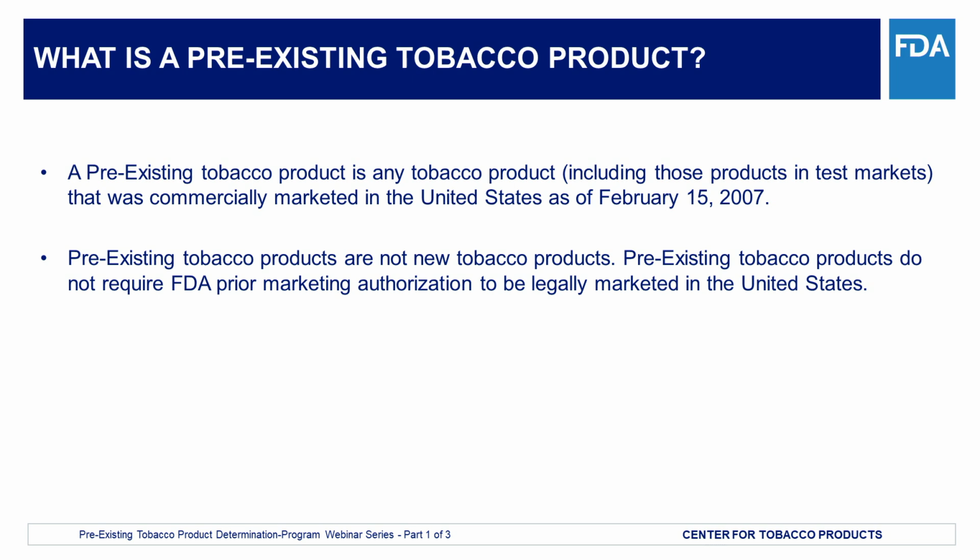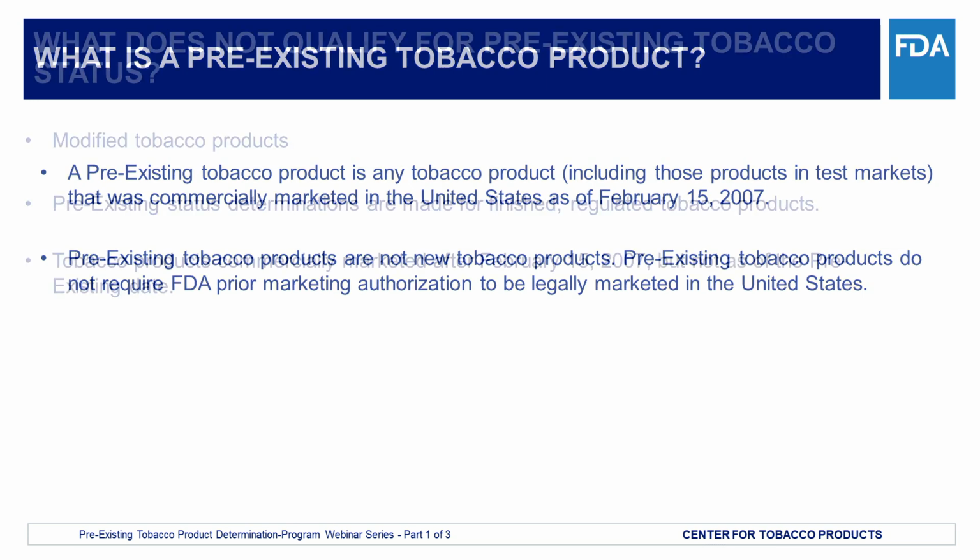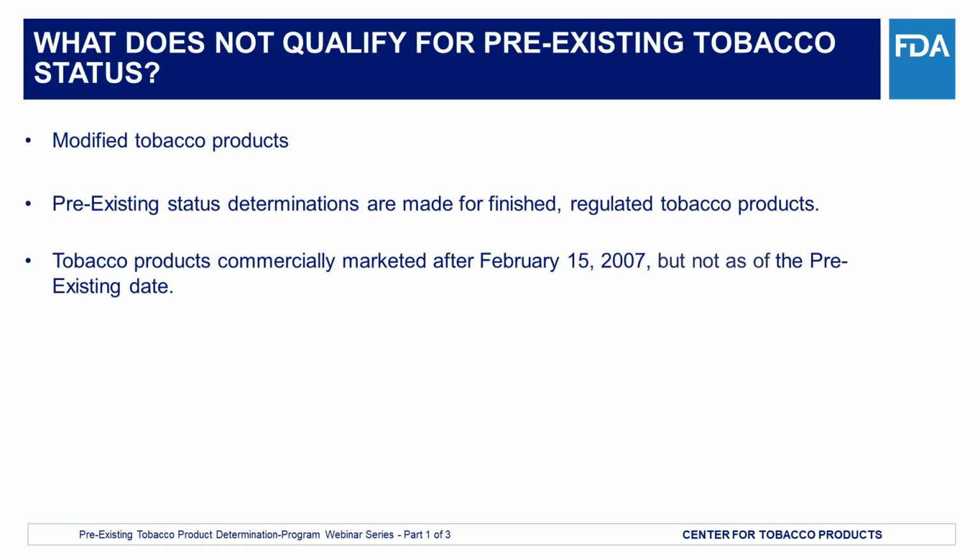While regulated under the FD&C Act, a pre-existing tobacco product does not require prior authorization to be legally marketed in the United States. Any modification to a tobacco product that was commercially marketed in the United States as of February 15, 2007, including in test markets, would make a new tobacco product requiring pre-market authorization.